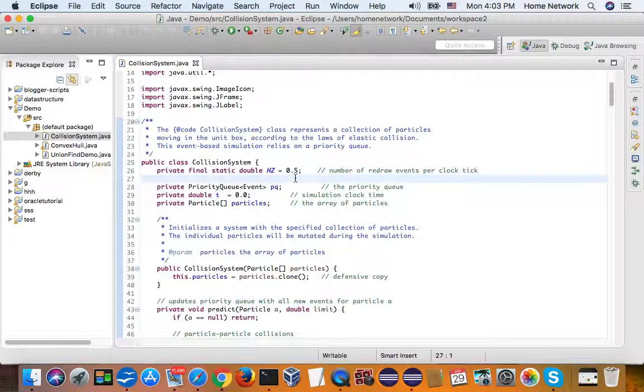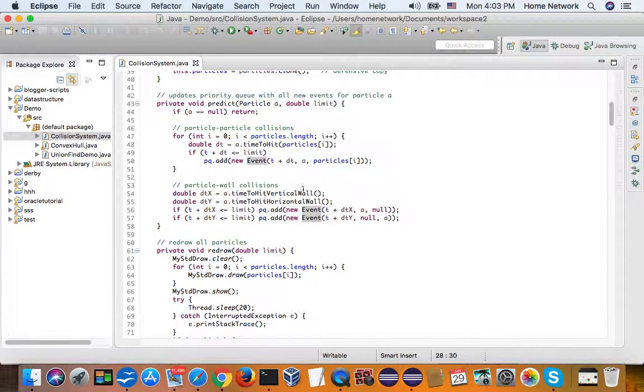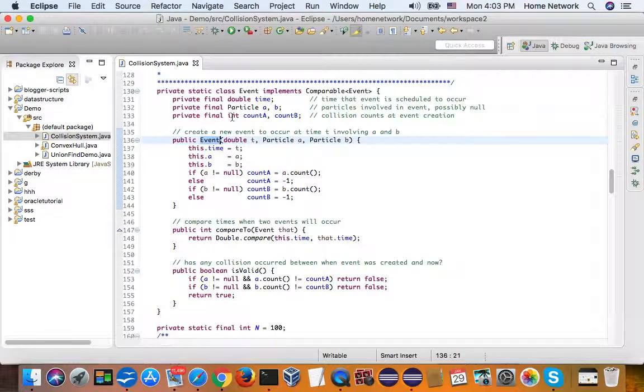Okay, here in the center is the event queue, which is a priority queue, and the events are ordered by their priorities. The event represents when two particles collide, and they are ordered by the time in the future.